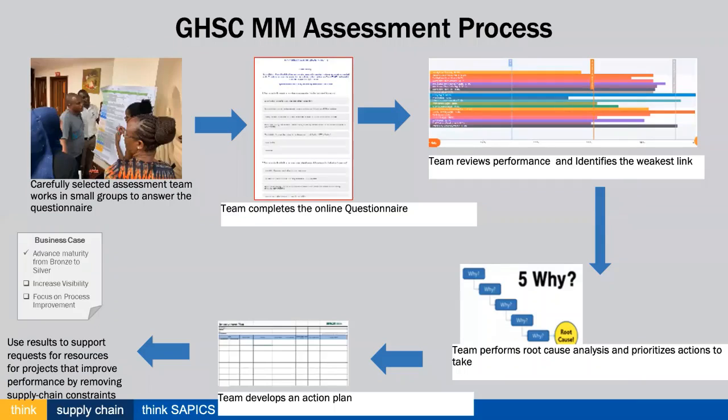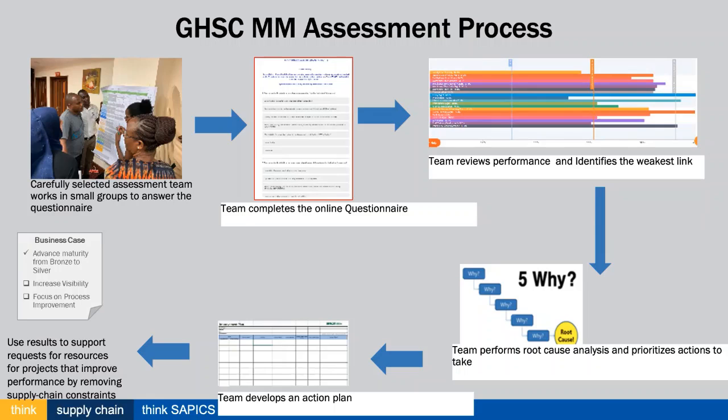How we use the tool: we select a team, and it's a careful selection, and you want to get the team that is involved from different levels of the supply chain, and they work together to answer the questionnaire. So it's a very integrative and robust way; everybody can give input and debate around how the questions have been answered.